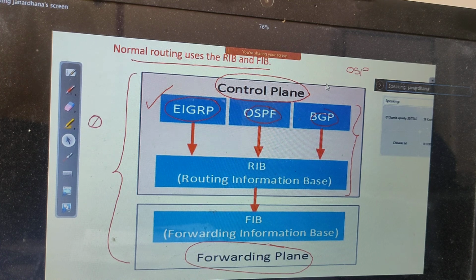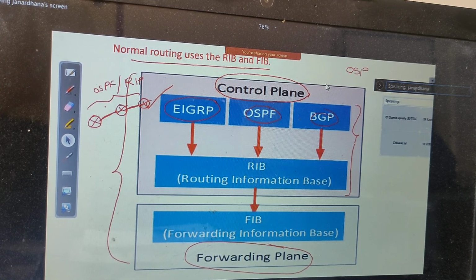For example, if you have a network of routers and you enable OSPF on all the routers, and you have enabled RIP also, then based on the metric and administrative distances it will take only one protocol, and the decision will be taken care of by the control plane. That will be called the routing information base.